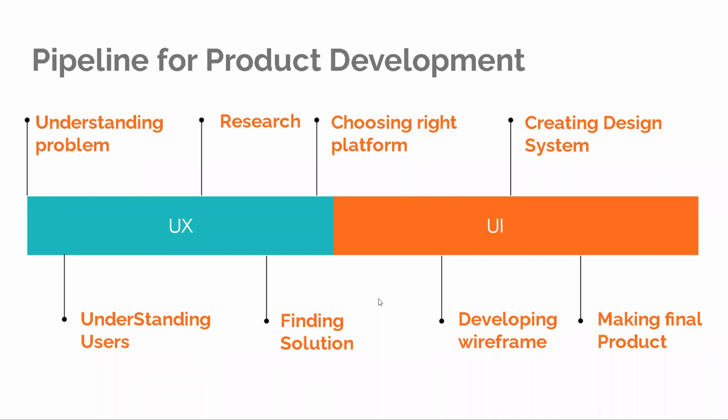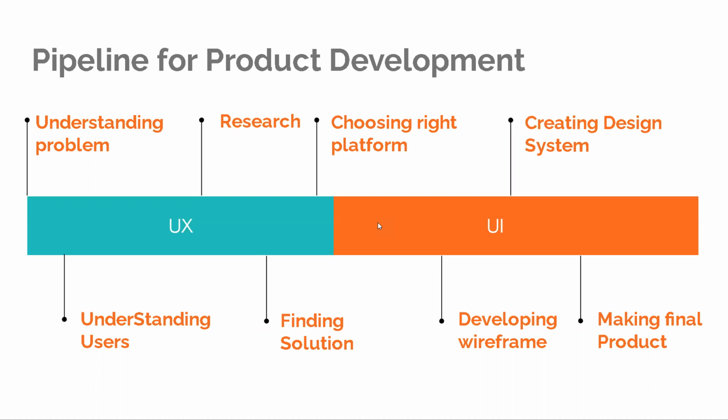And we have to think about what will be the efficient solution for that problem and how we are going to implement it. Next part is choosing the right platform. Okay, we have some solutions to our problem, but what platform are we using? Is it a website, an Android application, a messaging system, or a calling system?